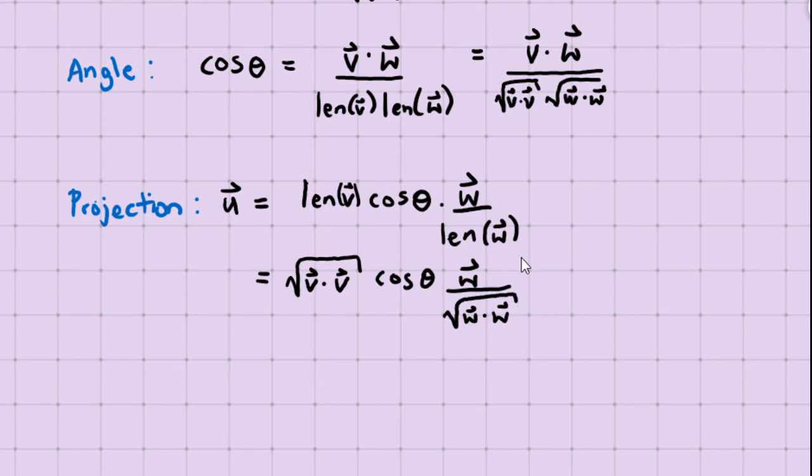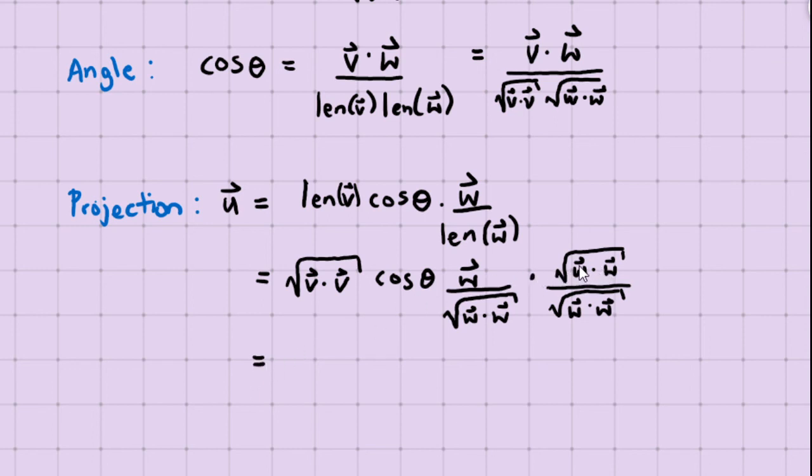We're still not exactly there yet. So what I'm going to do is multiply above and below by w dotted with w, which allows me to combine these things.